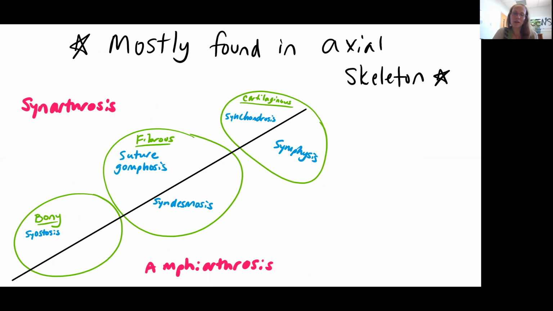When we're talking about the synarthrosis and amphiarthrosis joints, these are mostly going to be found in the axial skeleton. The axial skeleton, remember, is the skull and the vertebral column, and, you know, that's pretty much it.